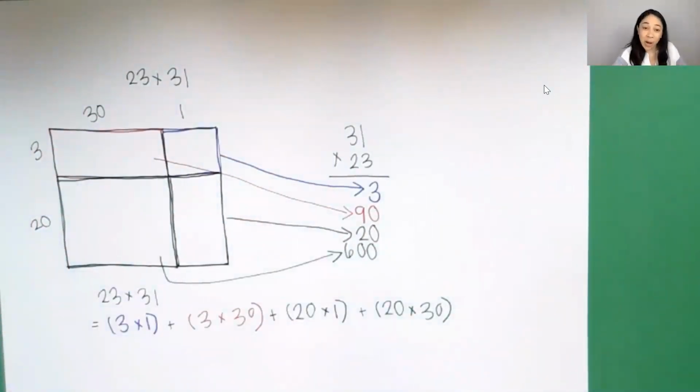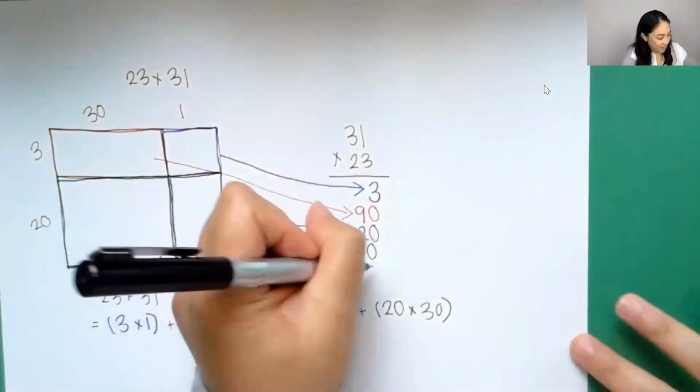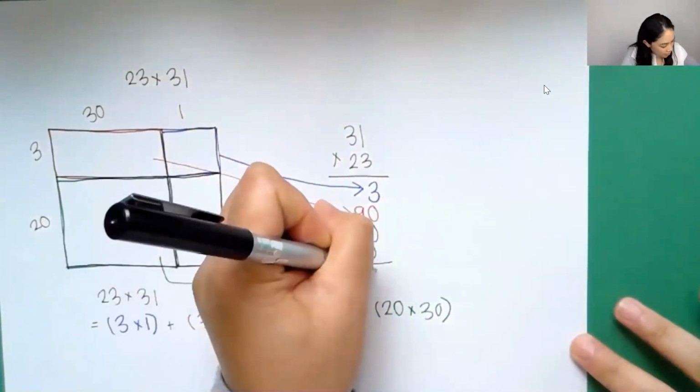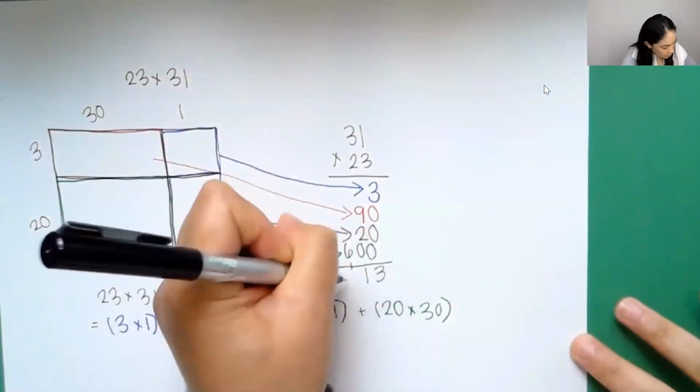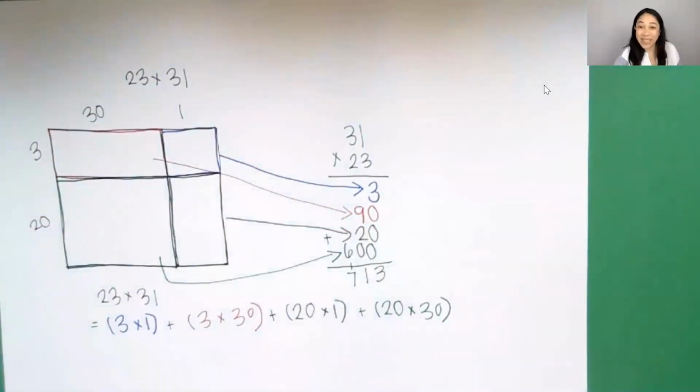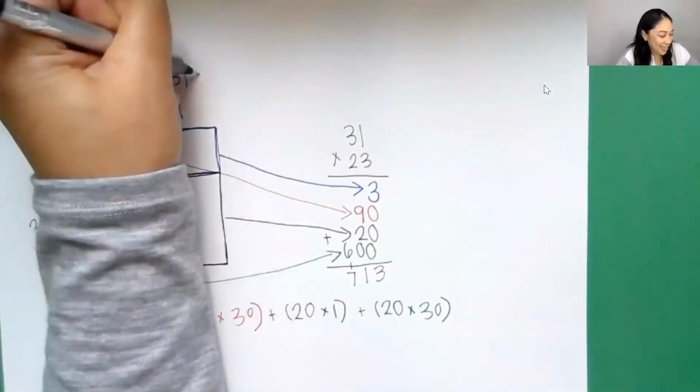Now let's add the partial products together. What's the sum? 713. That means that 23 times 31 equals 713.